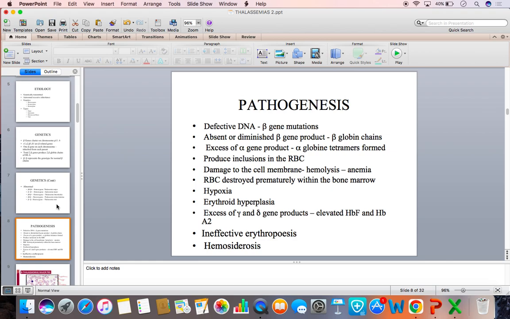So, fall in the hemoglobin content results in hypoxemia. Hypoxia stimulates the production of erythropoietin, which results in erythroid hyperplasia, okay, and widening of the marrow space.